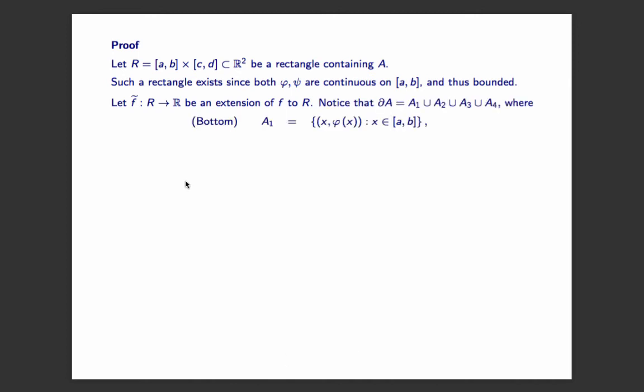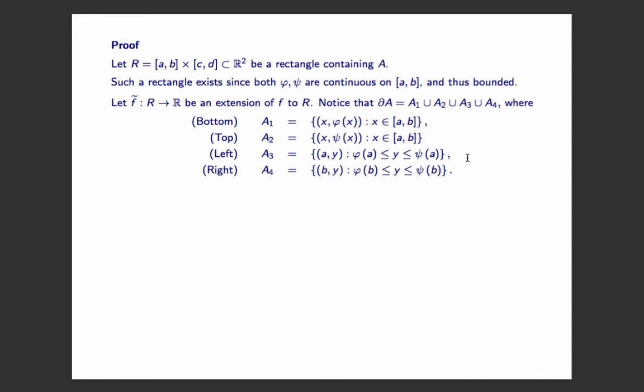Now notice that the boundary of A is the graph of phi, that would give me the bottom. It's the graph of psi, that would give me the top. And then it's all values on the left between psi of a and phi of a. That's the left. And of course, for my picture, the left was just a point, but it could have been a vertical line.